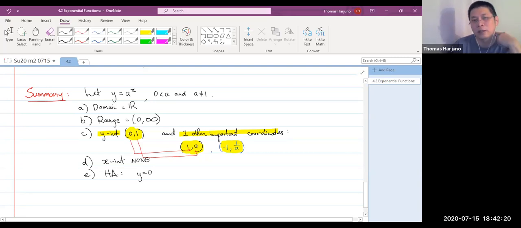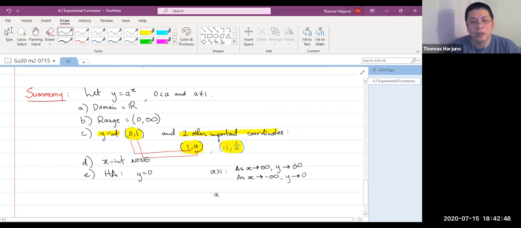In fact, we can say that when a is greater than 1, as x goes to infinity, if you go to the far right, y will go to infinity. As x goes to negative infinity, y gets closer to 0, but never touches.